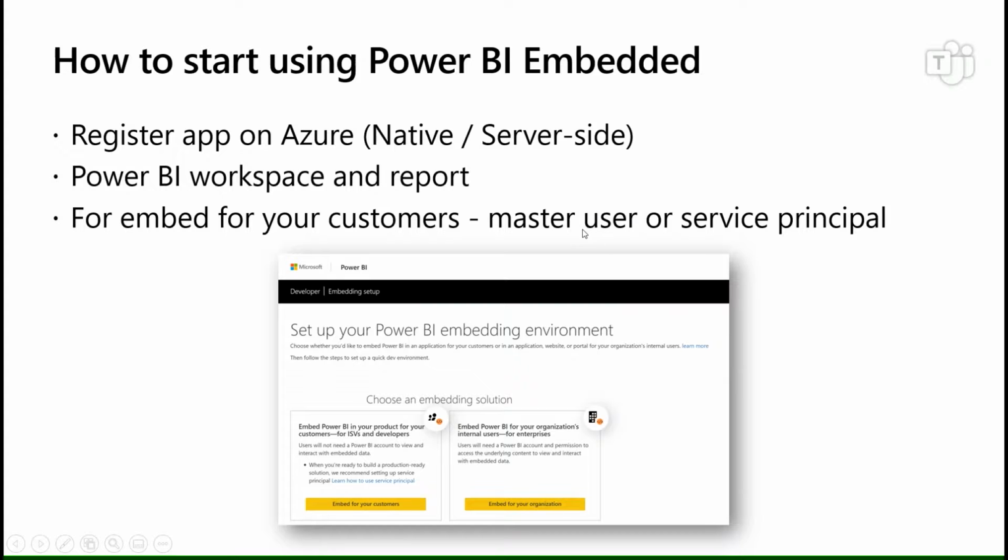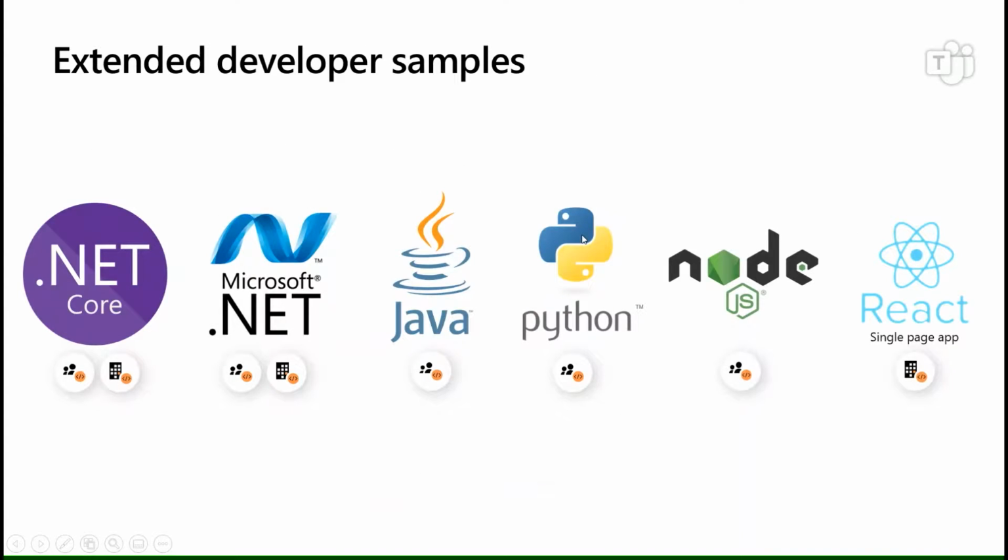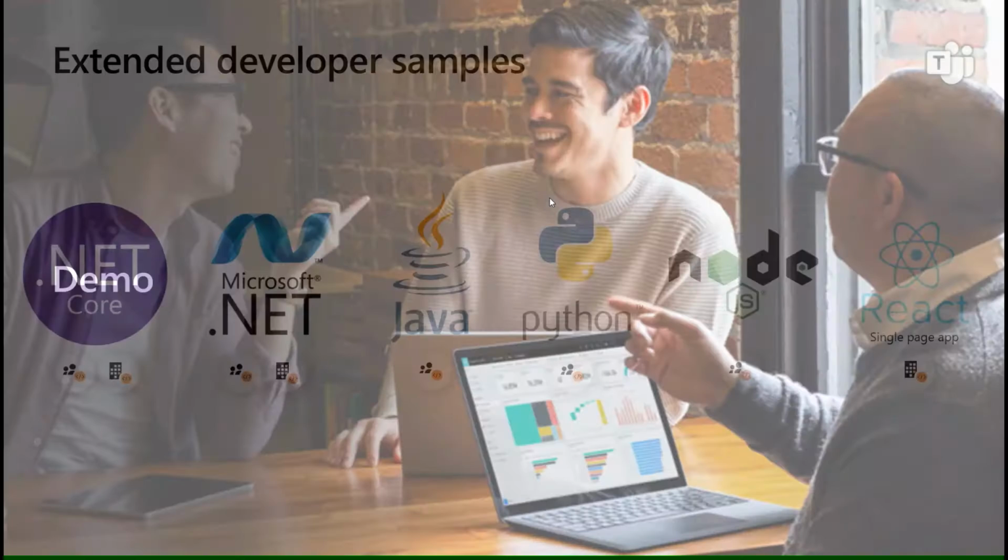But we're not going to use this one today because it doesn't support service principal yet. We are going to use one of our extended developer samples. We're going to use the .NET Core sample for embed for your customers. So let's get started with the demo.